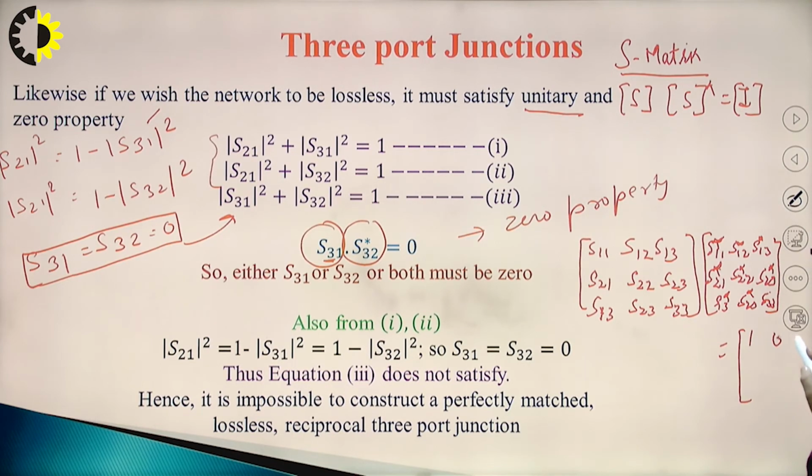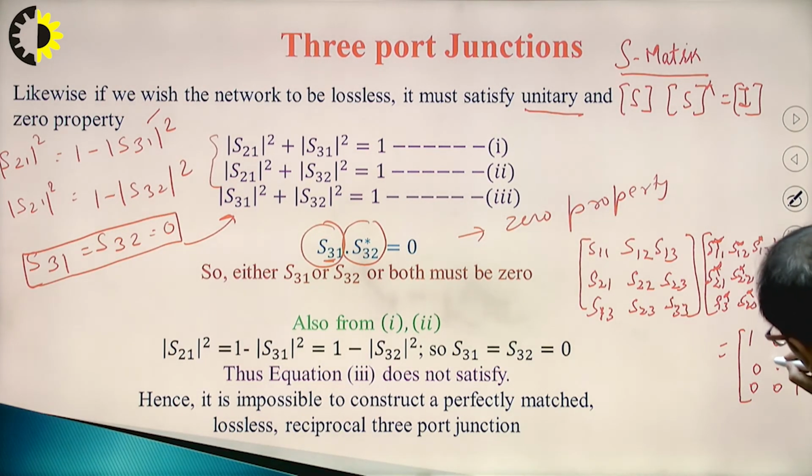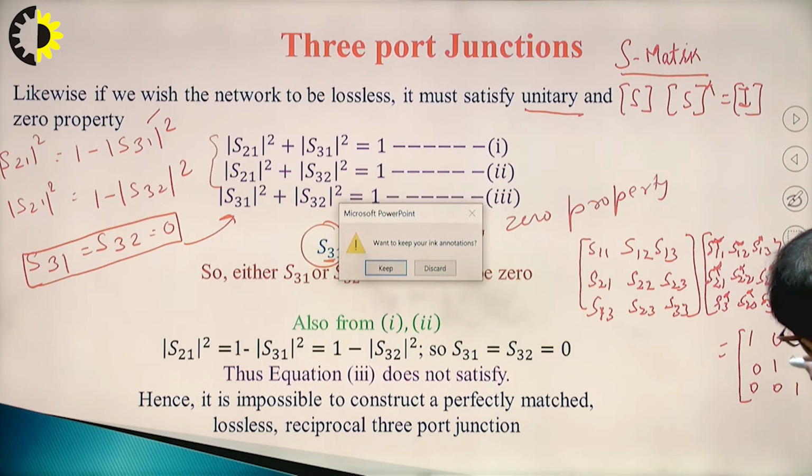Identity matrix: 1 0 0, 0 1 0 and 0 0 1. Clear?